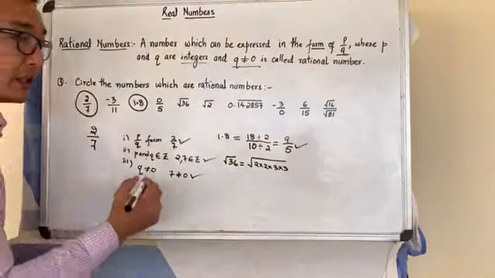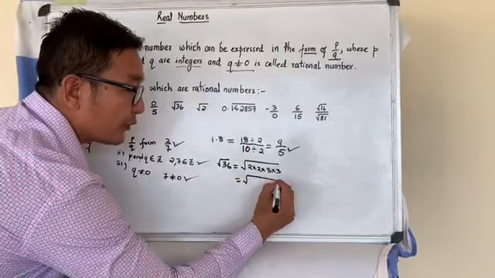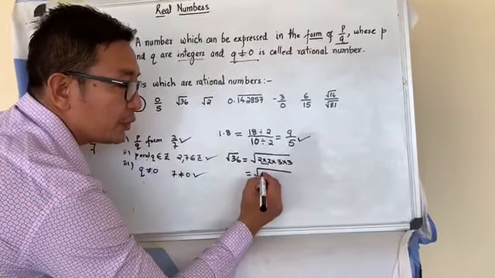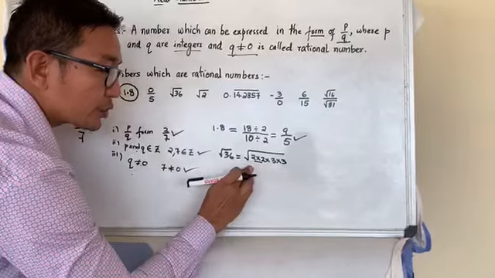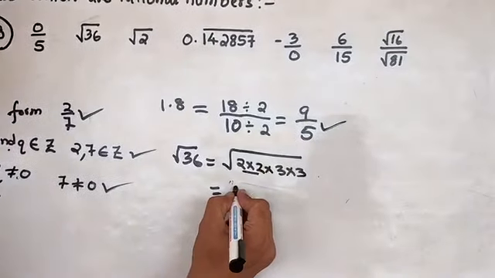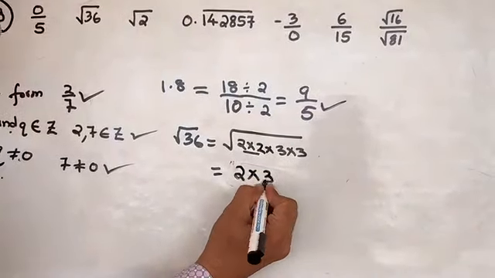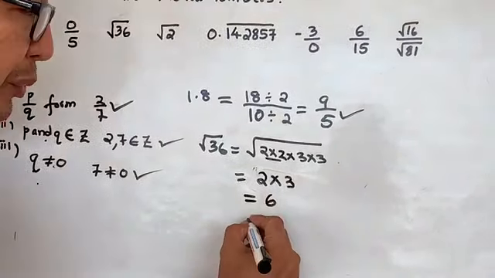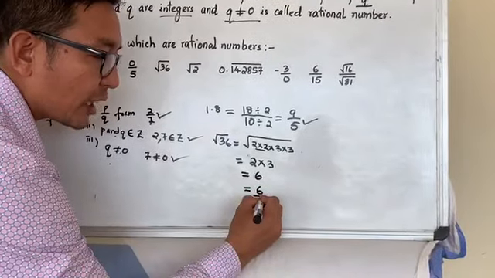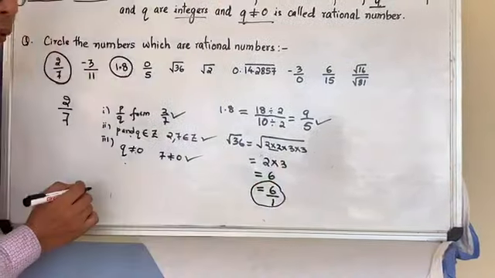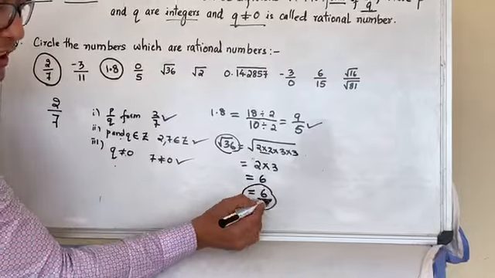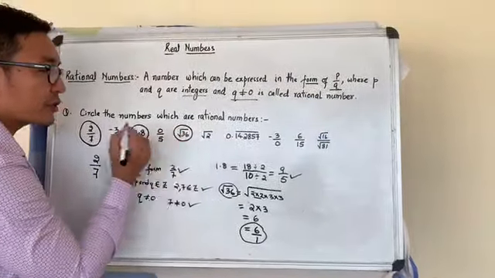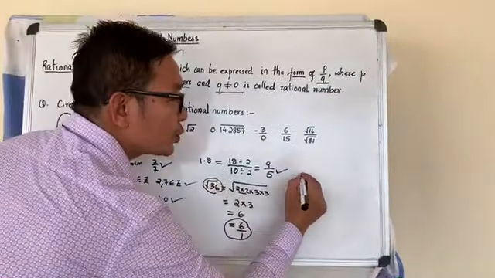So the square root of 2 times 2 times 3 times 3, the answer is 6. 6 can be written as 6 upon 1. So root 36 is 6 by 1, a rational number. Therefore this is a rational number.